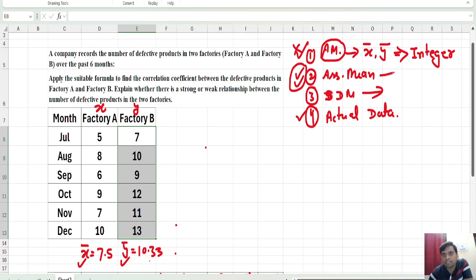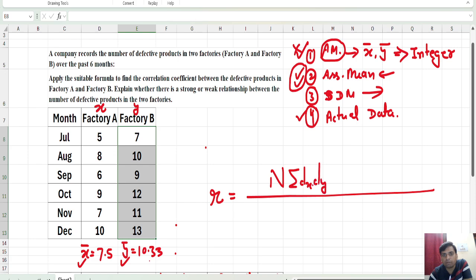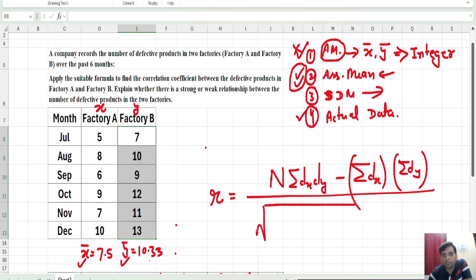So we will apply this second method, the assumed mean method, and the formula for the assumed mean method is r equals n summation dx dy minus summation dx times summation dy, and in the denominator there are two square roots.